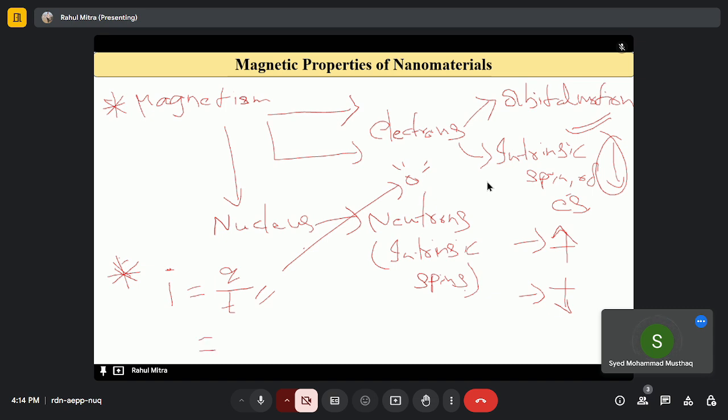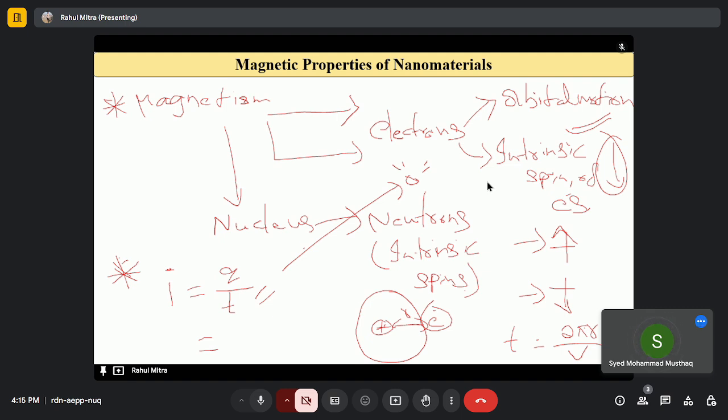Now, with a nucleus and an electron revolving around it at distance r, time equals 2 pi r by v: the total distance, the circumference 2 pi r, divided by the velocity of the electron.